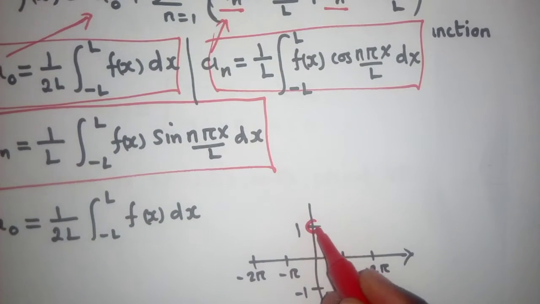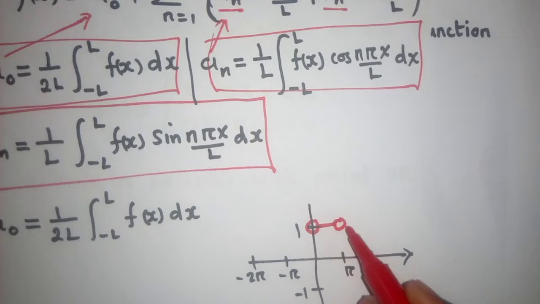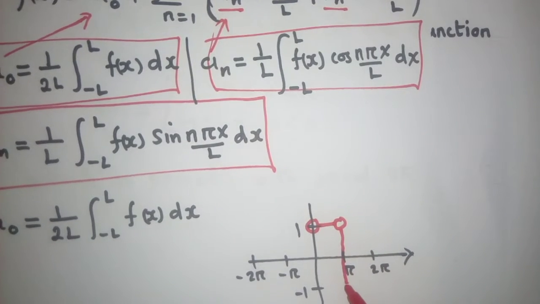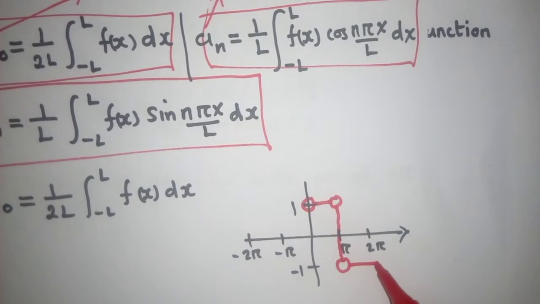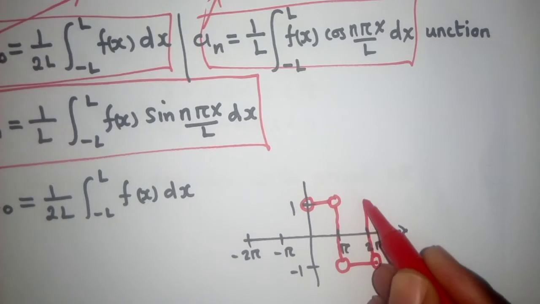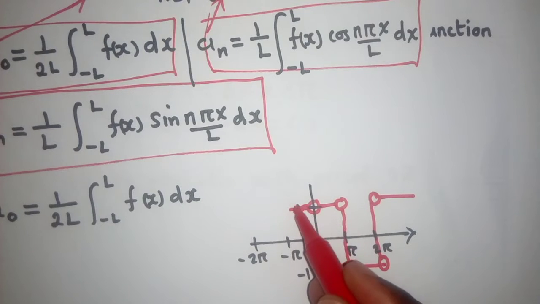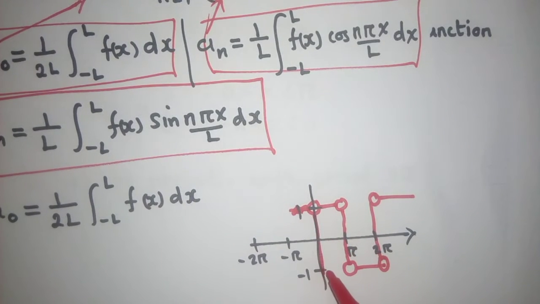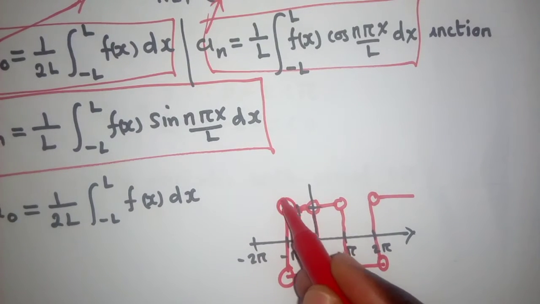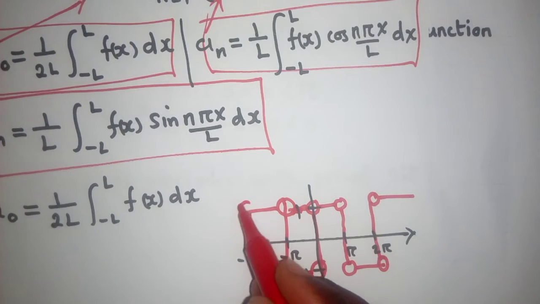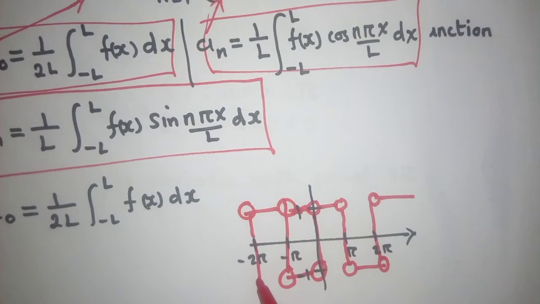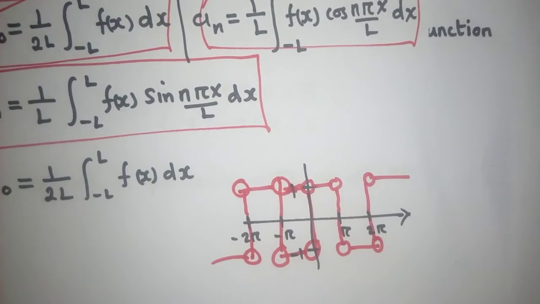It starts from here to here, it drops to here, goes there, here, just like that. Not this one, it's supposed to drop like this. Here, goes here, goes up to somewhere here. So it's repeating. This is how the graph looks for this Fourier series.